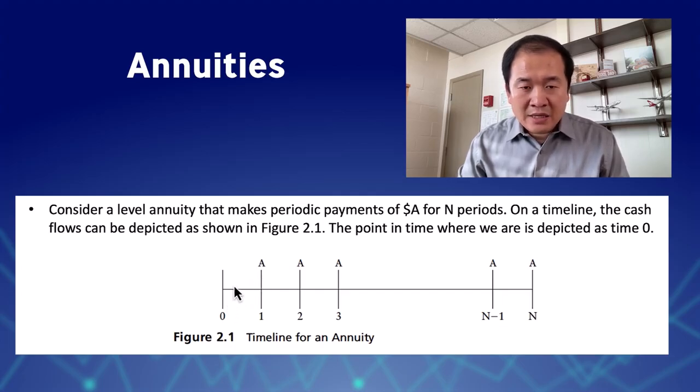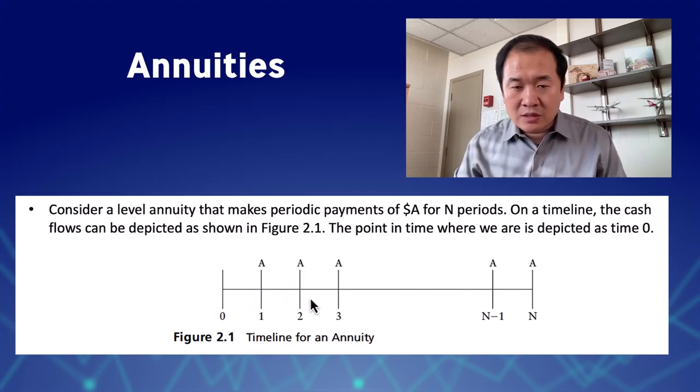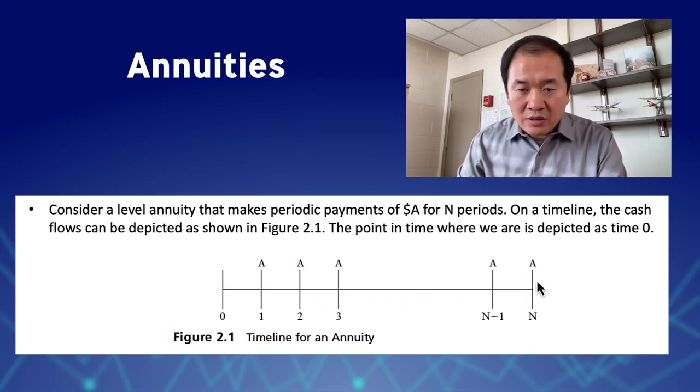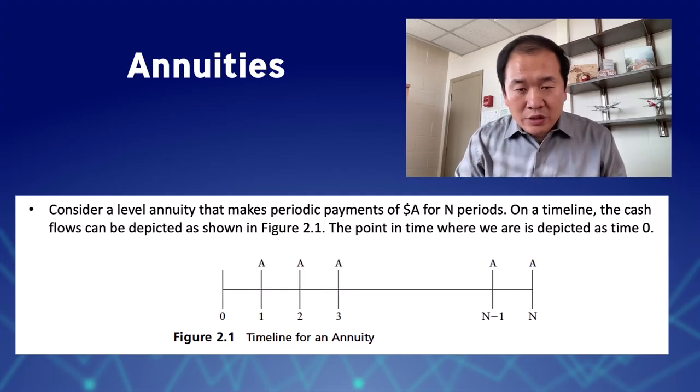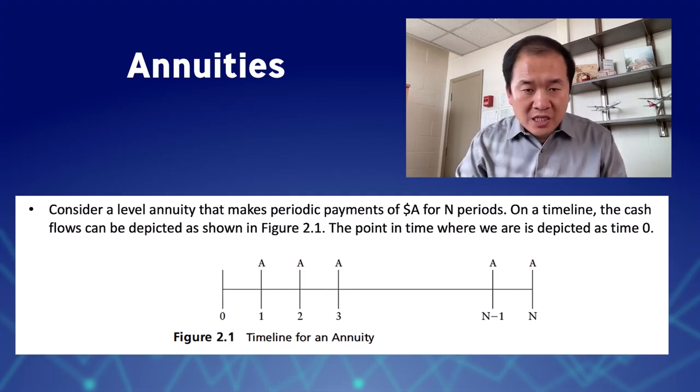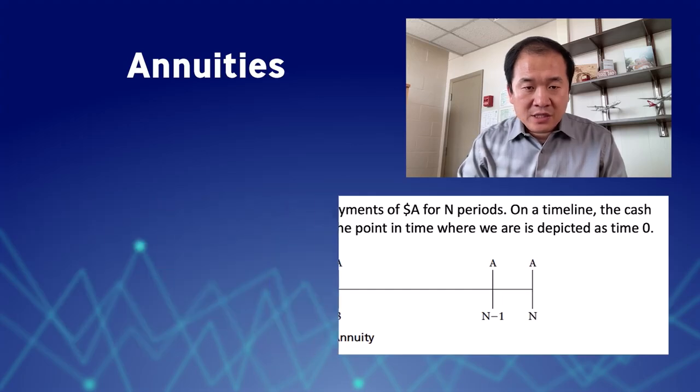You make one payment at the end of the first period, then another at the end of the second period, and so on until the very last payment, the nth payment. So the total number of payments is n, and for each payment, the amount is A. Remember this setting, and we'll go to the next page to explain the application of this annuity.